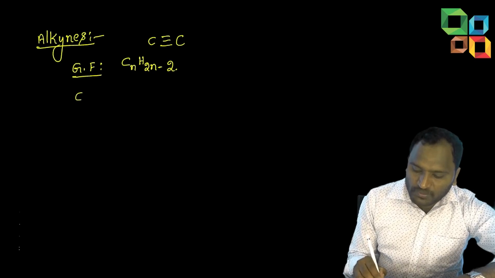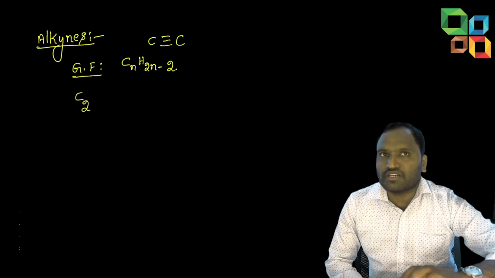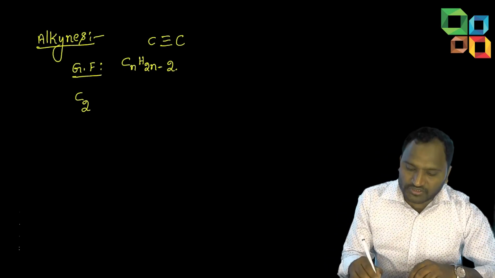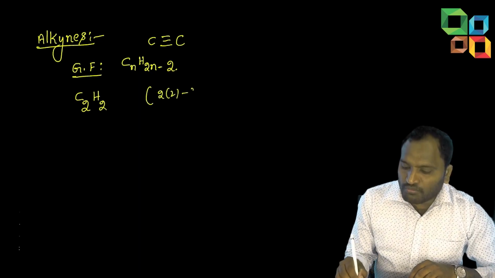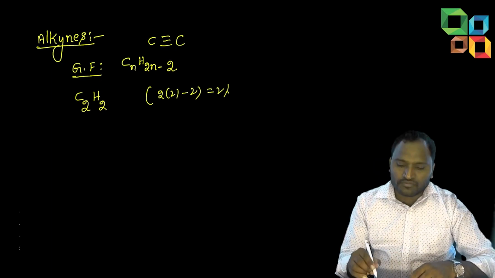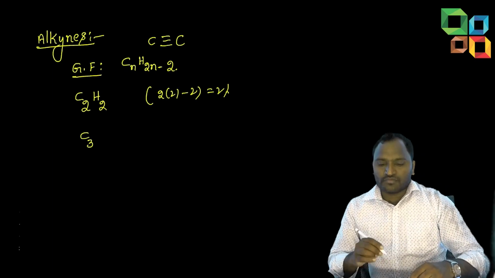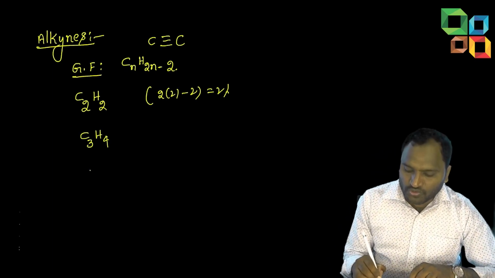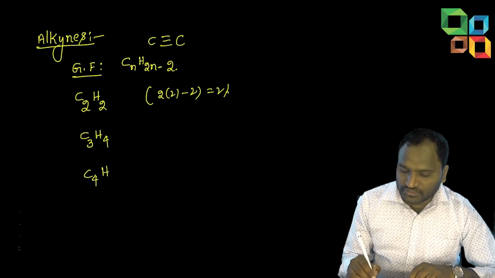Suppose here 2 carbon atoms are there. How many hydrogens do we need according to the general formula? 2 hydrogens. Why? Here 2 into 2 minus 2, you get C2H2. If it is 3, tell me, students. 4 hydrogens. If 4 carbons, 6 hydrogens.